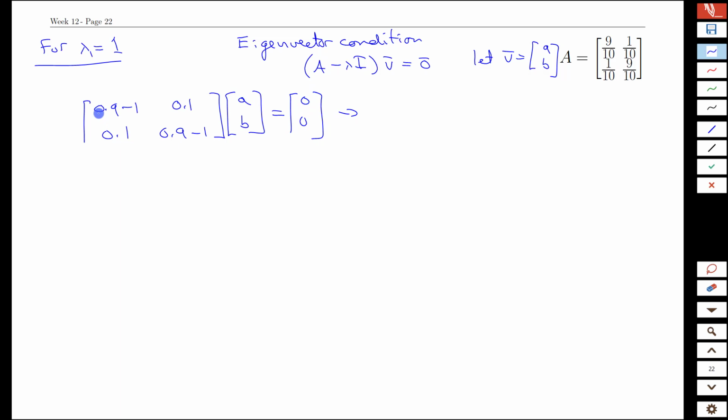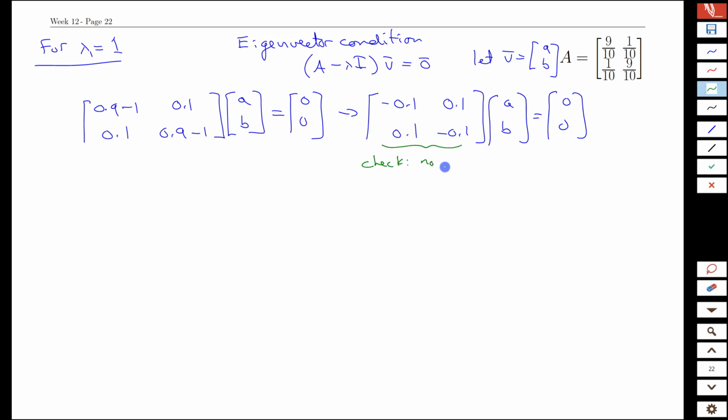And if we do the scaling, we get negative 0.1, 0.1, 0.1, and negative 0.1, times a, b, equals 0, 0. And we do a little check here that this matrix is not invertible.